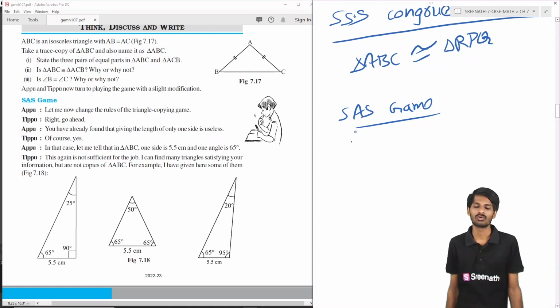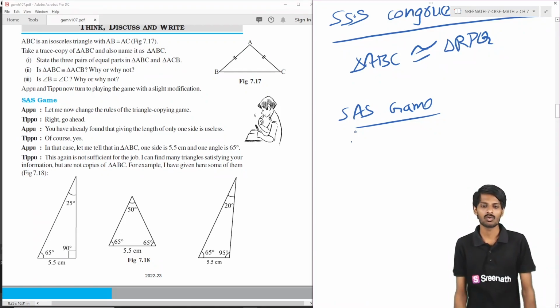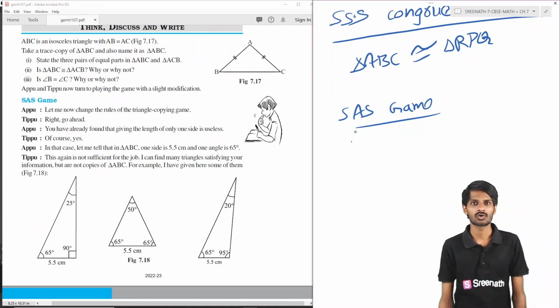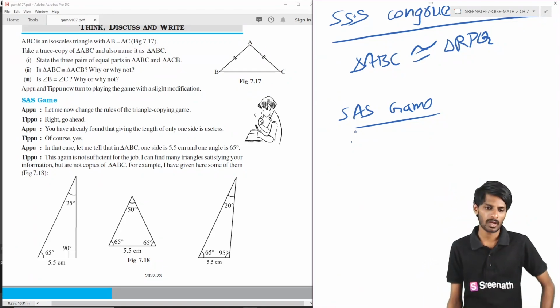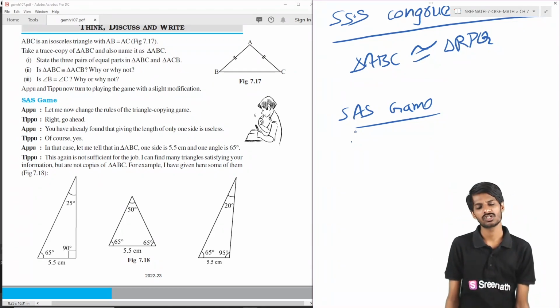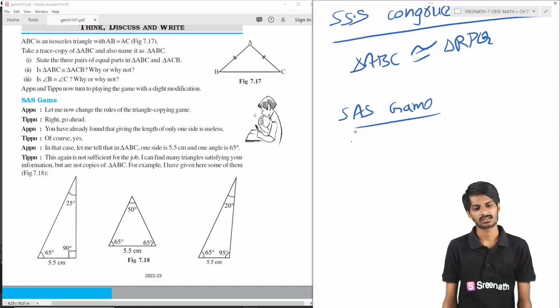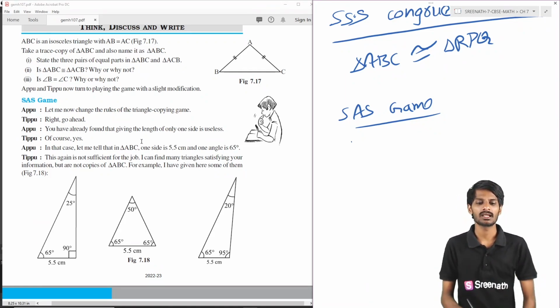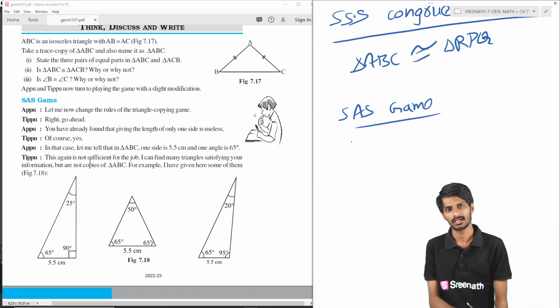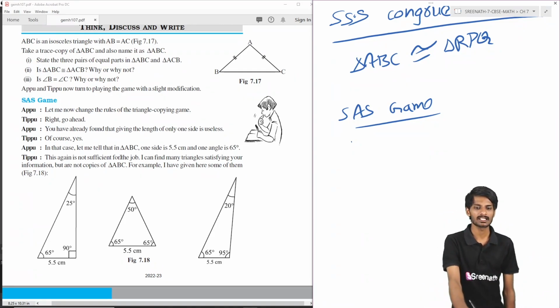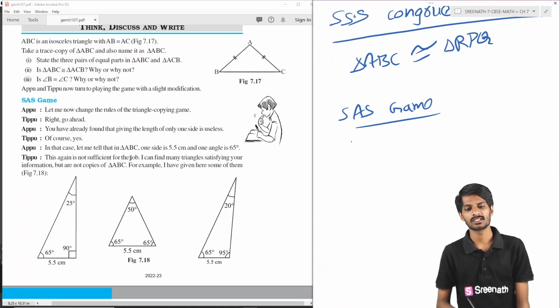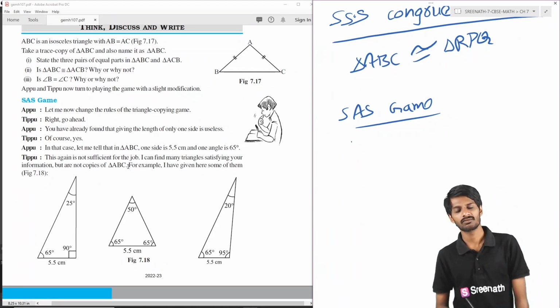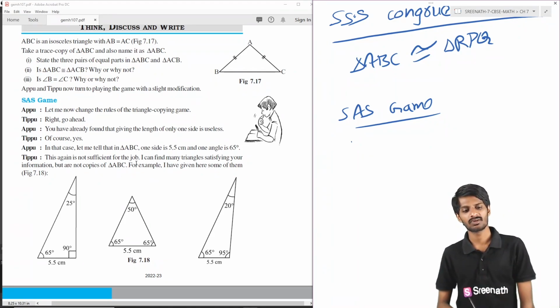Appu says, let me now change the rules of the triangle copying game. Tipu said, okay, as you wish, make the changes. You have already found that given the length of only one side is useless. Of course, yes. In that case, let me tell that in triangle ABC, one side is 5.5 centimeters and one angle is 65 degrees.